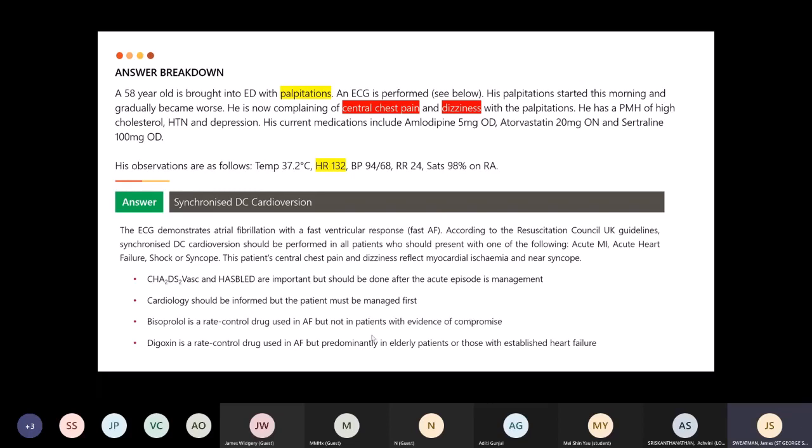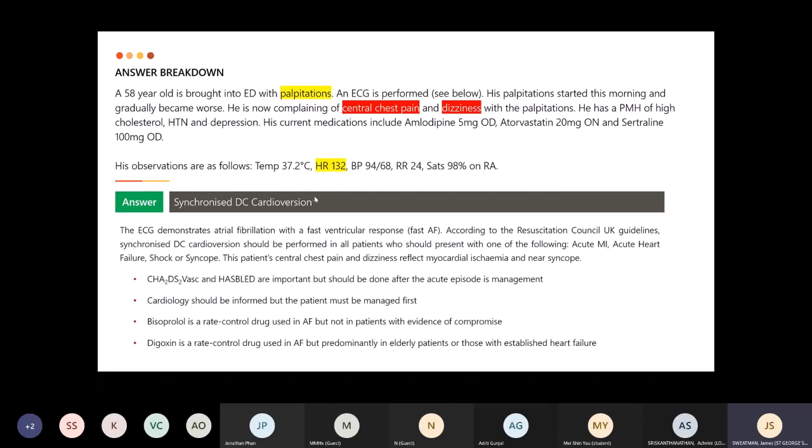So, according to the Resuscitation Council guidelines, synchronized DC cardioversion should be performed in all patients who present with 4 basically adverse features, and that's acute MI, which is defined as that central crushing chest pain radiates down the arm up into the jaw, or any kind of symptoms that correlate with acute MI. So, you know, chest pain with severe nausea and vomiting, sweating, all those kinds of things. Acute heart failure, so that would be pulmonary edema mostly. Shock, and that would be cardiogenic or hypovolemic shock, or syncope, so if they pass out for no apparent reason, right?